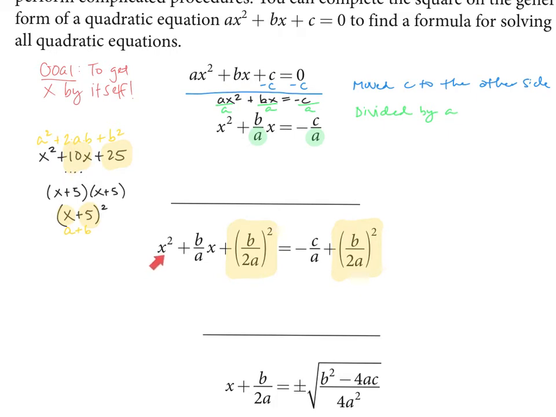So here we know we have x squared, so x is really our a value. Now we have this middle term, right? We want to take out that x because we just want the number, and we also want to divide this by 2. So essentially, we're looking at b over a, and we want to divide it by 2.